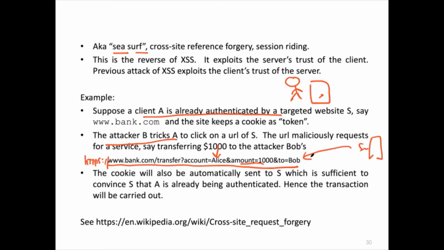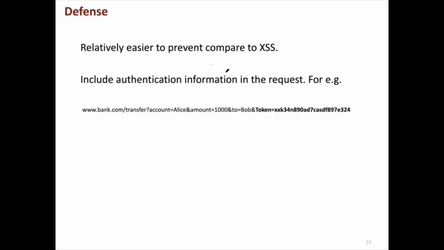How to defend against this? This is relatively easy, but you need to train the application programs. When the server receives a request together with a token, the authentication information needs to be explicitly in the request itself, besides the token.